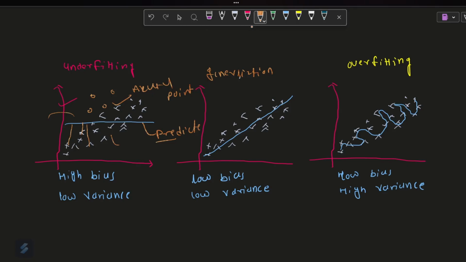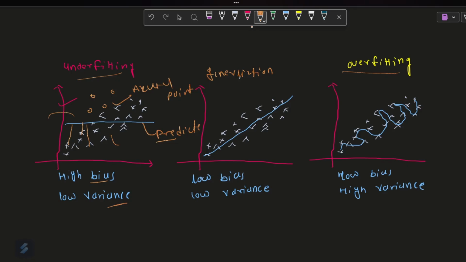In the underfitting condition, there is high bias as well as low variance. High bias means the model does not capture the data points, which creates a big error. This is the underfitting condition. In the overfitting condition, the model captures all the data points.